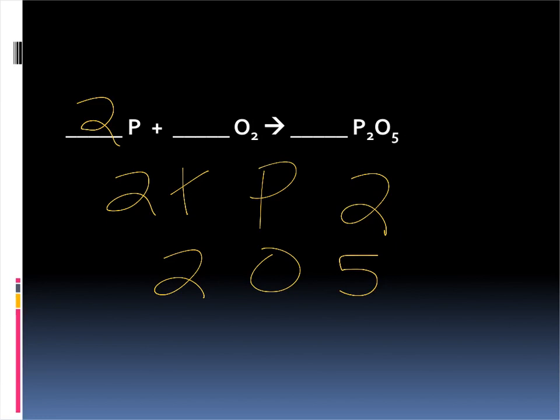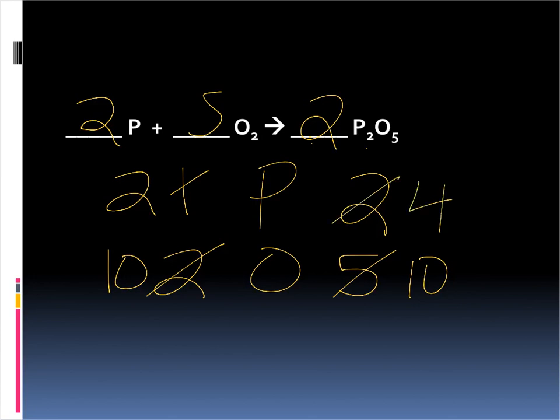Well, the only way to do it is to take them both to 10, right? So if I put a 5 there, it gives me 10, and a 2 here gives me 10. But again, that 2 changes that P, because 2 times 2 is 4. And then now my P's on the other side are messed up, so cross that out and put me a 4 over there.